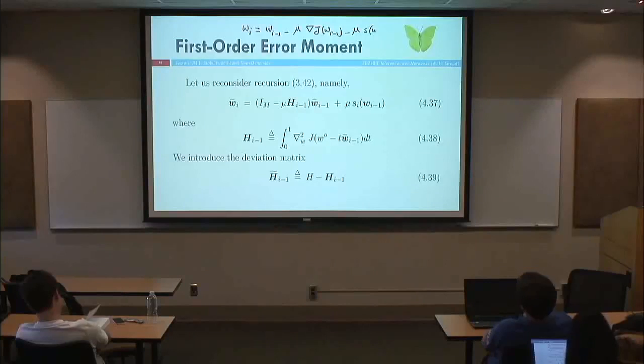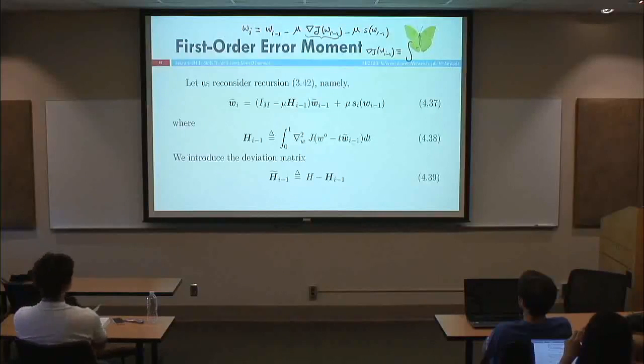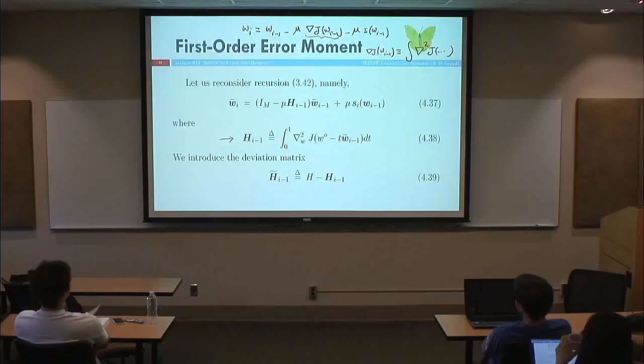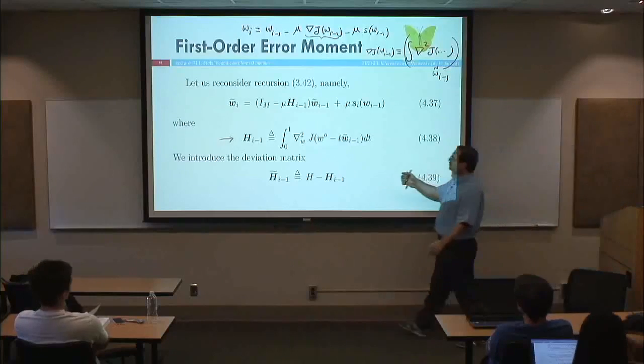And then I can use the mean value theorem to replace the gradient of J at omega minus 1 by some integral expression involving the Hessian of J. Remember? That's exactly the Hessian times, of course, W tilde i minus 1.